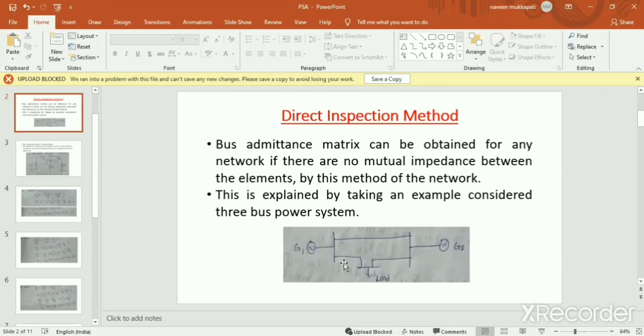That is the representation for either a generator or a motor. The generator voltage is taken as EG1, and the motor voltage is taken as EM1. That is the equivalent reactance or impedance for generators or motors.